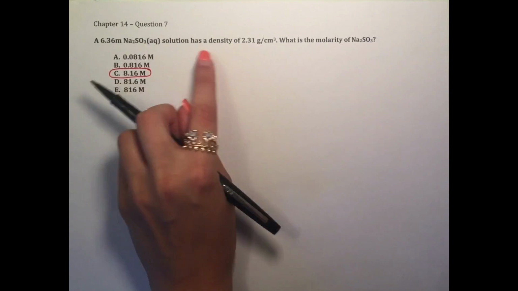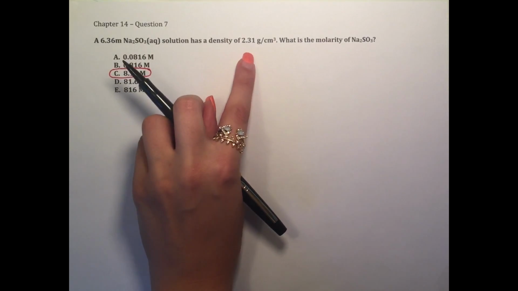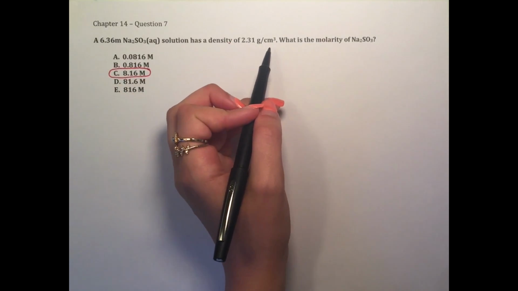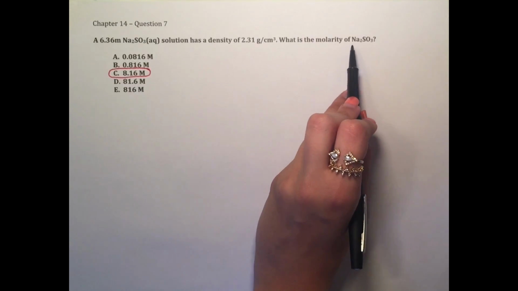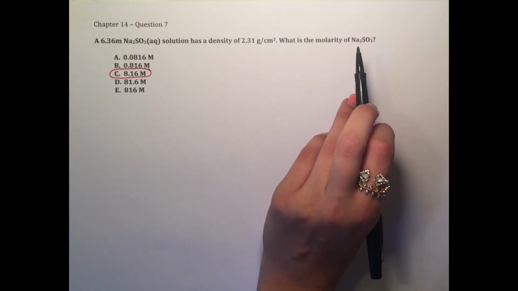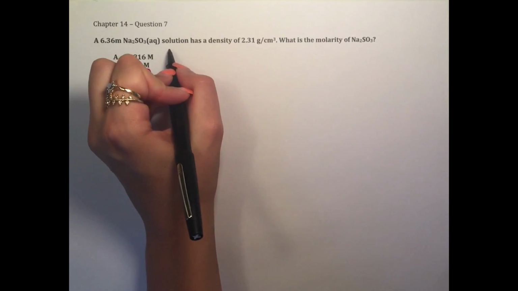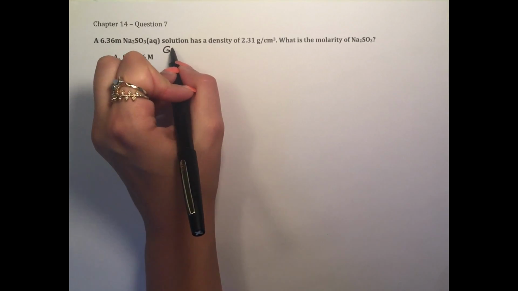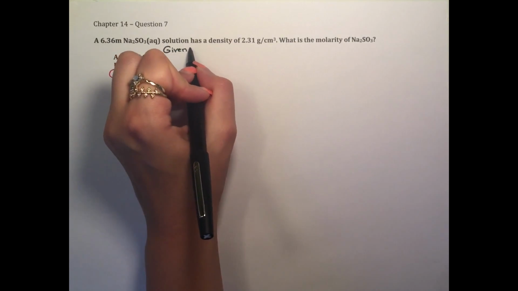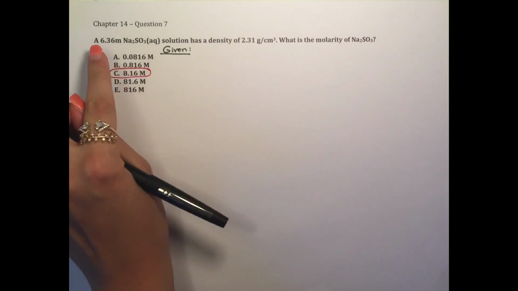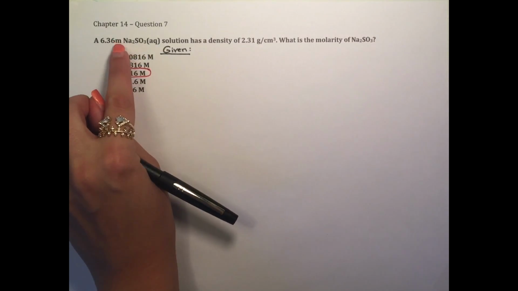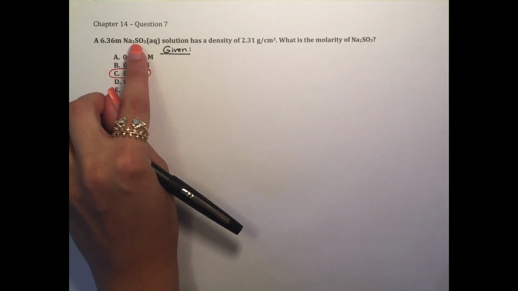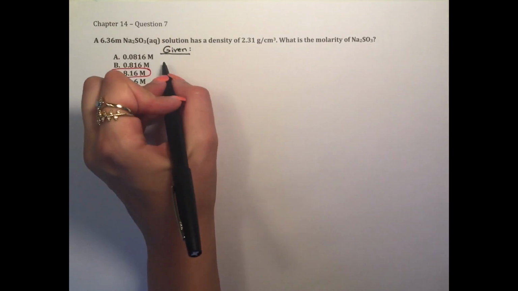So the question says, a 6.36 molal Na2SO3 aqueous solution has a density of 2.31 grams per centimeters cubed. What is the molarity of Na2SO3? All right, so let's look at what we were given. A 6.36 molal Na2SO3 aqueous solution.